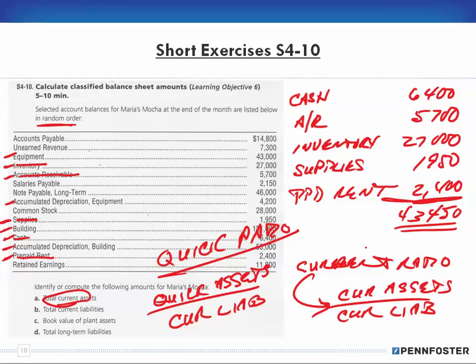It's going to take some time to sell inventory and supplies. So quick would be cash and accounts receivable, and you treat those as quick assets over your current liabilities.